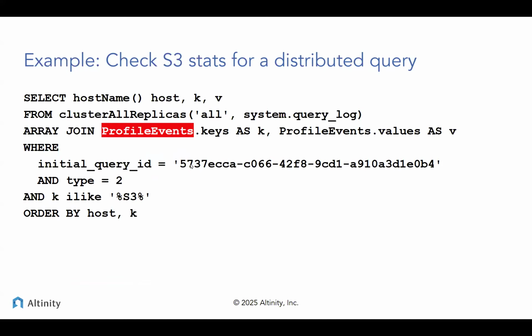It's being sent to a bunch of underlying servers, in this particular case for reading data out of Parquet, and I want to find out what my S3 statistics were for this entire distributed query, not just the query that arrived on the initiator host, but all the subqueries that were generated from that. Basically, what kind of demand did they put on my S3 storage?